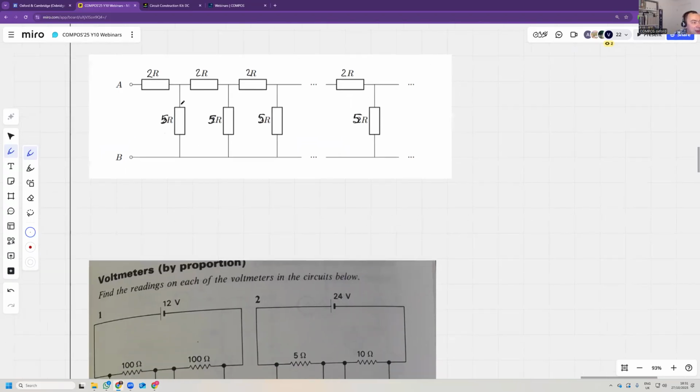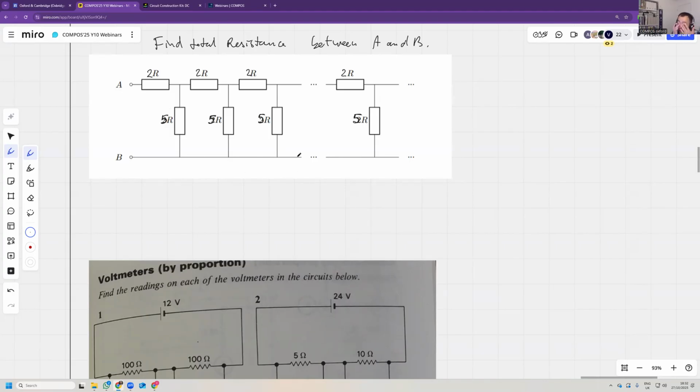Okay, so we have an infinite chain of resistors, and we need to find the total resistance between A and B. Well, think of it that way. Imagine we found that resistance.